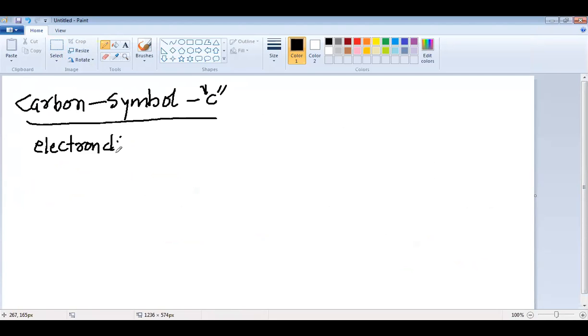Very good. The electron distribution in carbon is 2, 4 because the atomic number is 6.